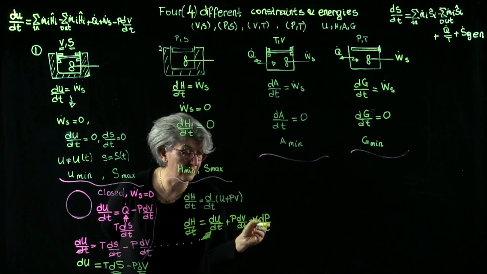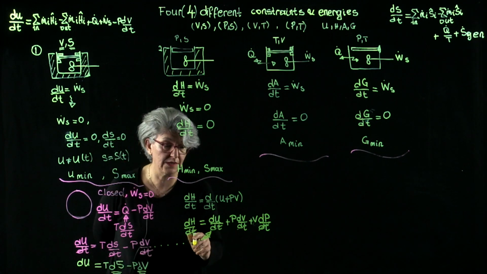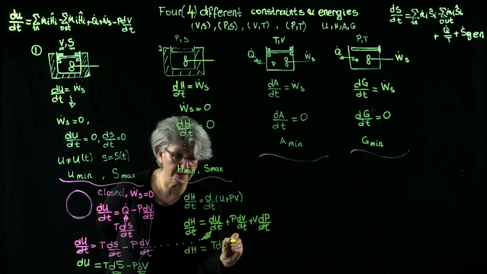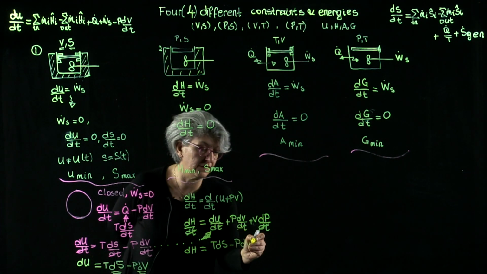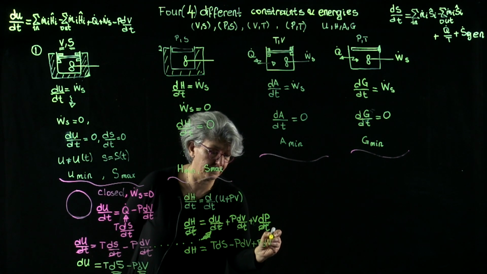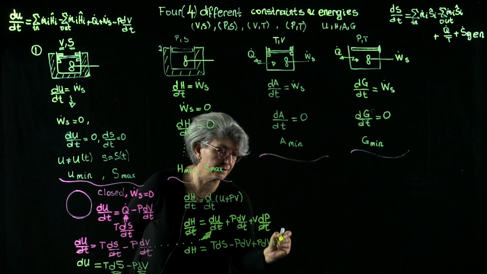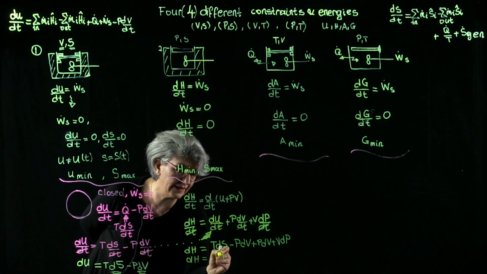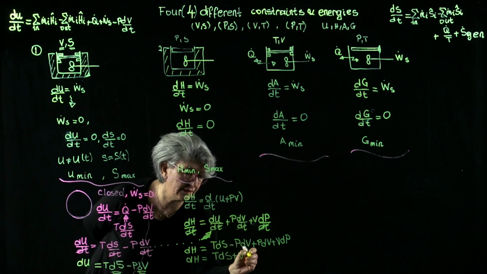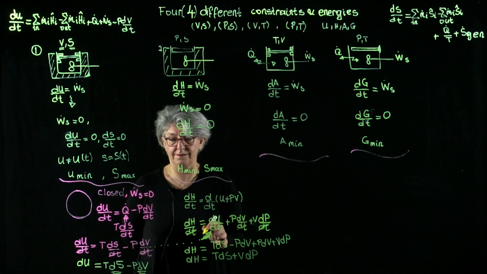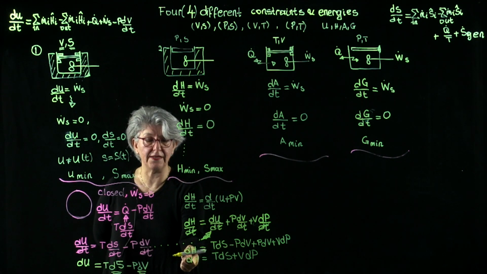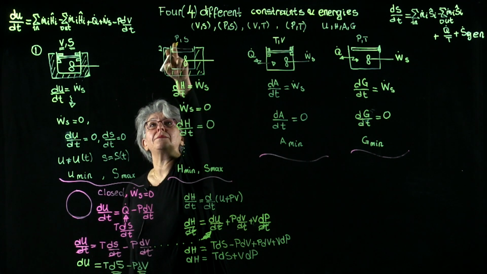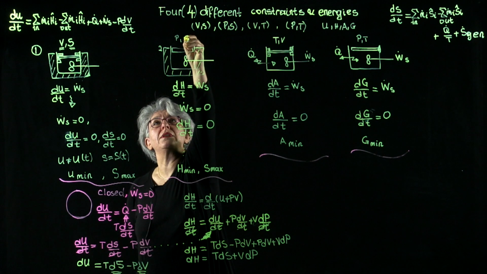Or I can just drop the dt's from this equation and just bring this differential form. dH is equal to T dS minus P dV plus P dV plus V dP, or dH is equal to T dS plus V dP. Enthalpy is a function of entropy and pressure. Enthalpy is a function of entropy and pressure.